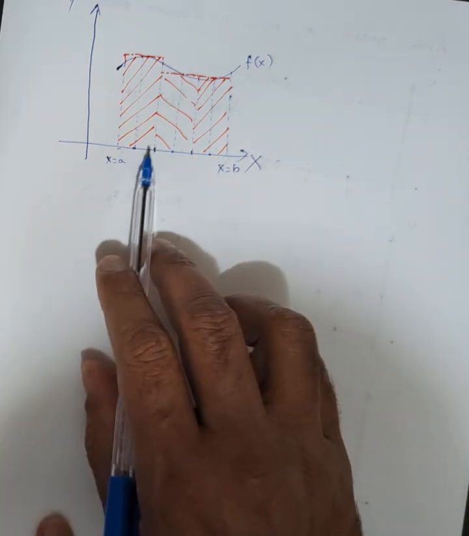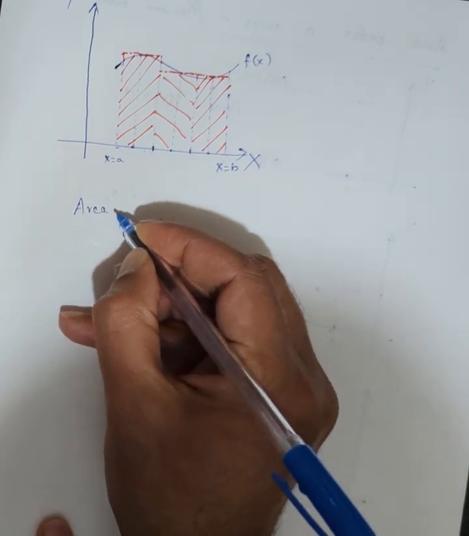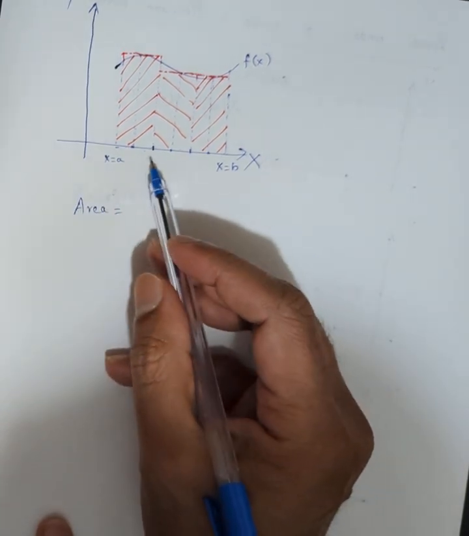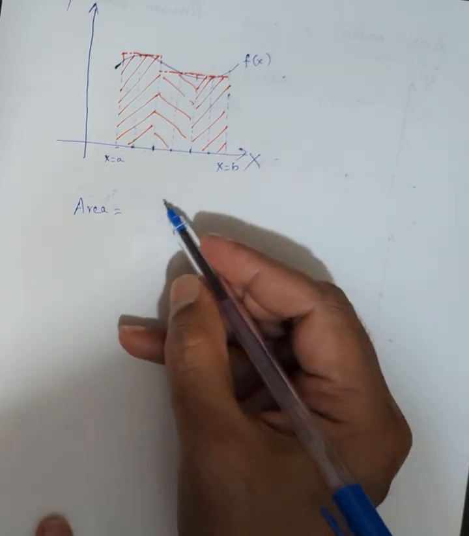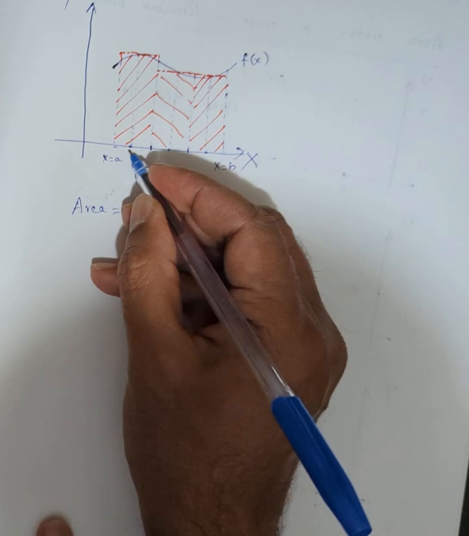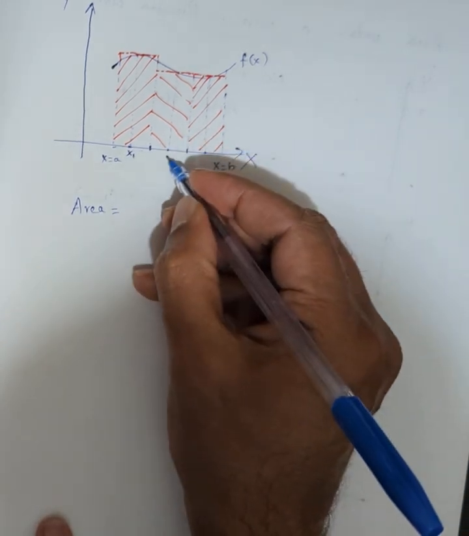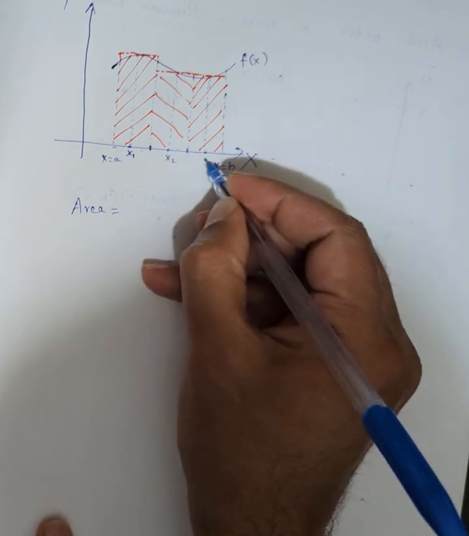And then notice how I can get the area under this graph. So the area of the first rectangle is going to be its length, which is, so let's call these representative points, the midpoints in this case, x1, x2, and x3.